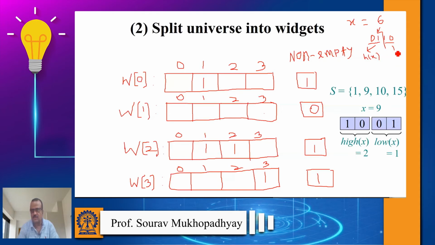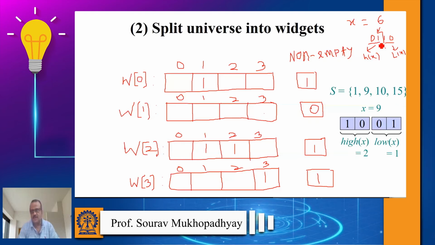Now, in the binary form, what does this high of x represent? High of x is representing where the 6 will be, in which subarray or which widget. If we think of this as a one dimensional array, this is 0, 1, 2, 3, 4, 5, 6. So 6 has to be here.